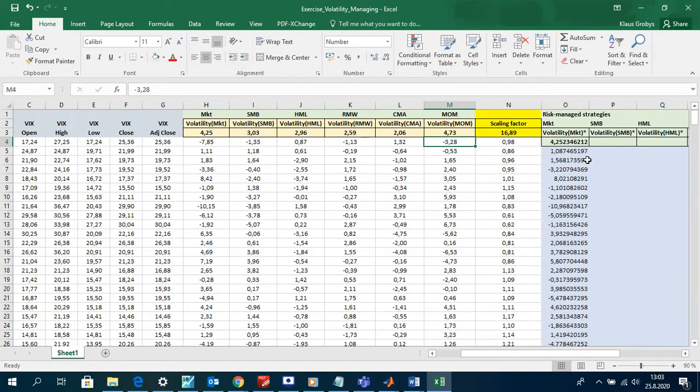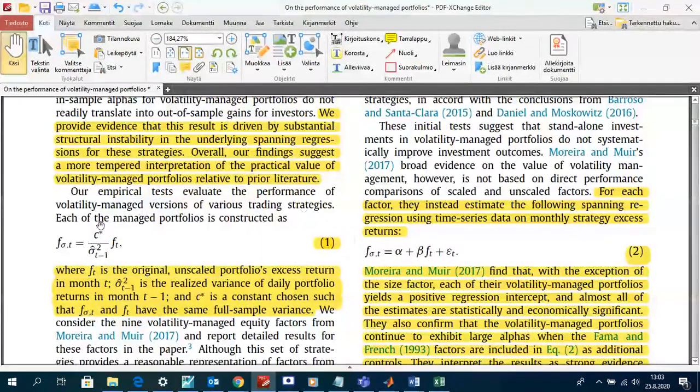So then the question arises, how do we determine the scaling factor? So the scaling factor, once again, if we go back to the paper, equation 1 is scaling this. In the numerator of the scaling factor, the C star, and we have here this estimate, the realized variance of time t-1.